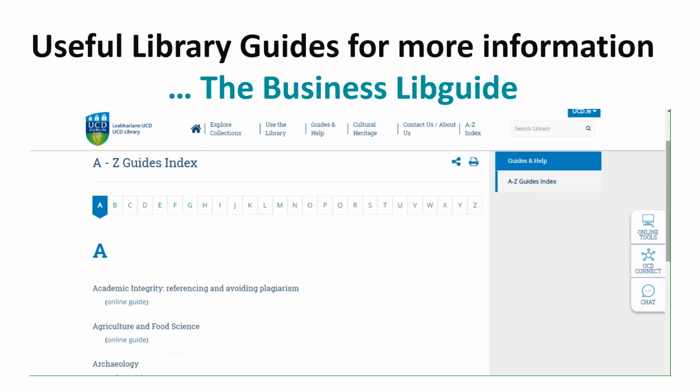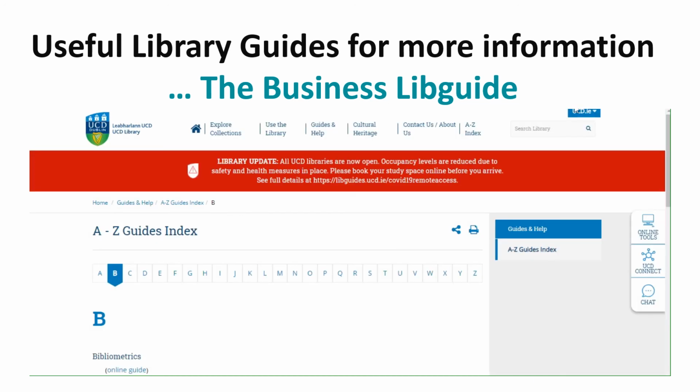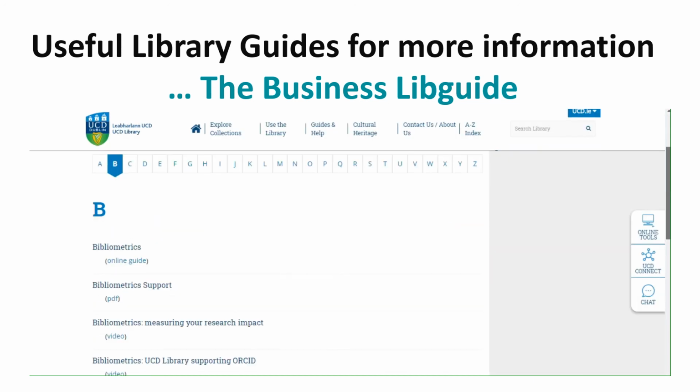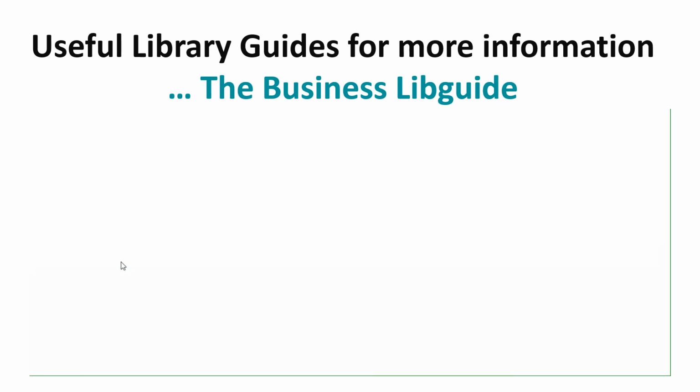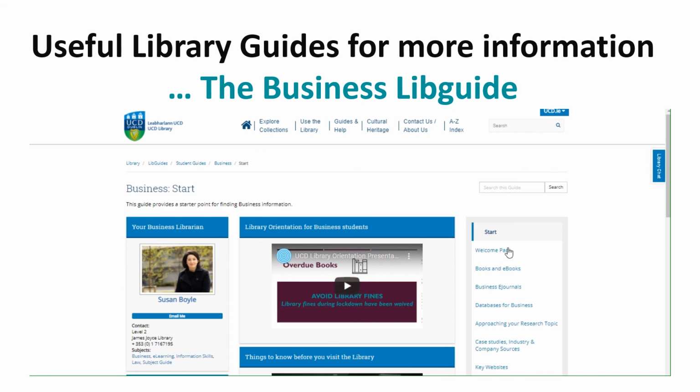You could have a look at the Academic Integrity Guide there for information on Harvard citation, but I'm going to click into B for Business to look for the Business LibGuide, and scroll down and click on the Business Online Guide here. And you'll see this is the Business LibGuide start page, where you have a library orientation video.